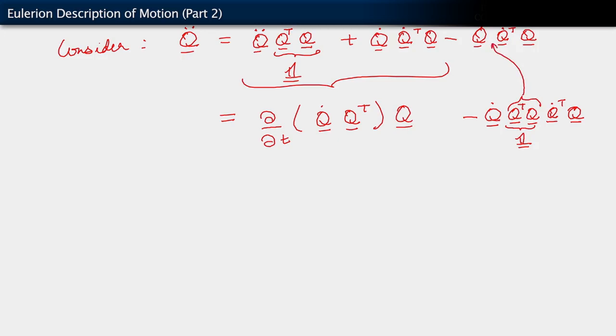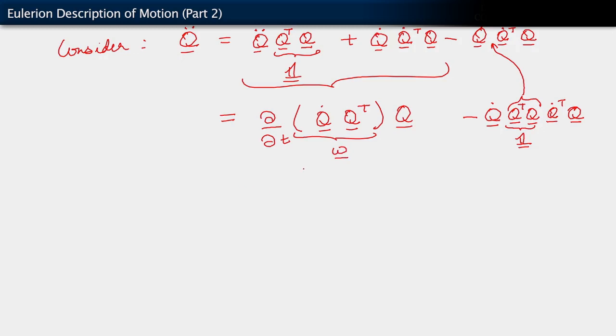I'm just putting in other tensors which leave the whole right hand side unchanged, but give it to me in a more convenient fashion. But then this is just what we decided to write as omega, the skew-symmetric tensor, on the previous slide or two.